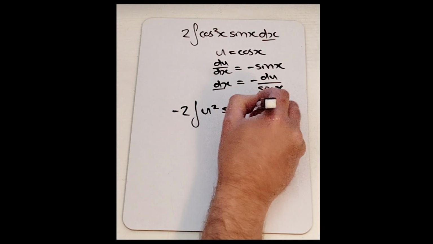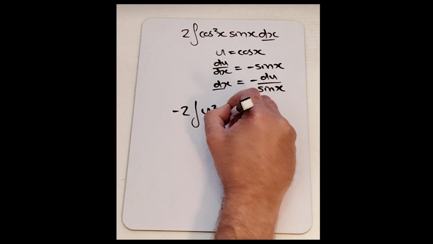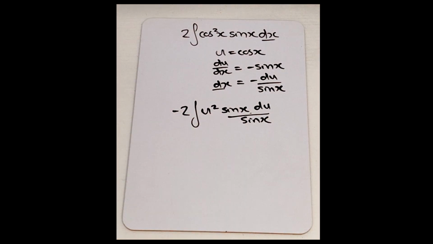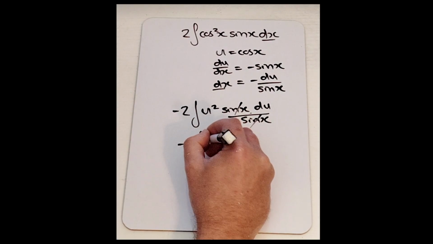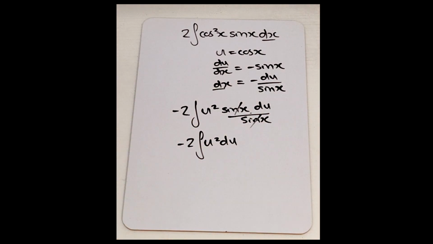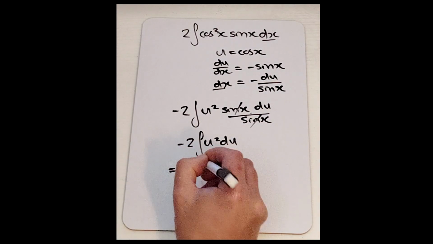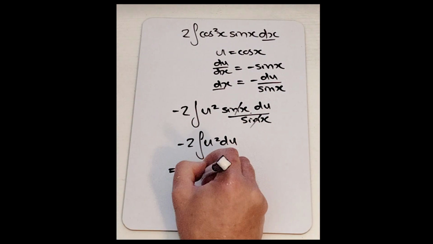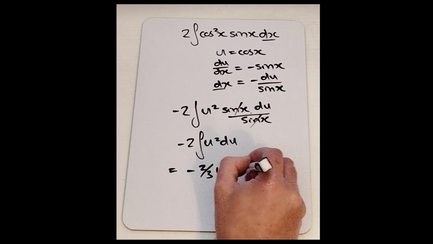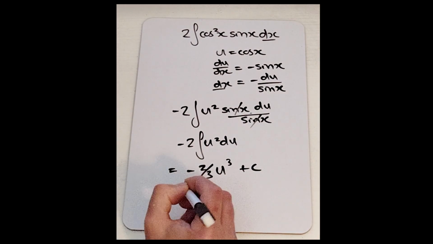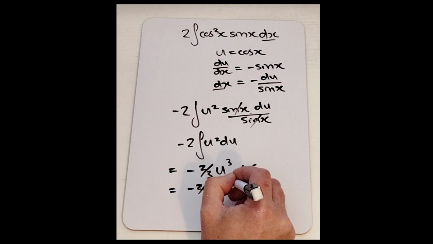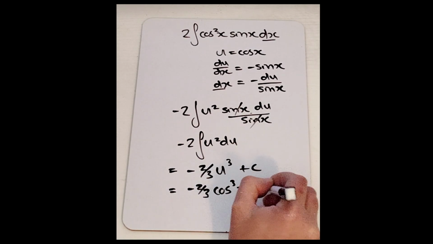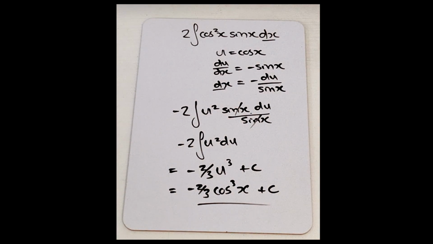You get sin x du upon sin x, and magically our sin x cancel. So we simply have a very straightforward integral of negative 2 u squared du, which integrates to negative 2/3 u cubed. I'll just put plus c in for good measure, and replace u with cos x: negative 2/3 cos cubed x plus c, as before, but with a lot less work.